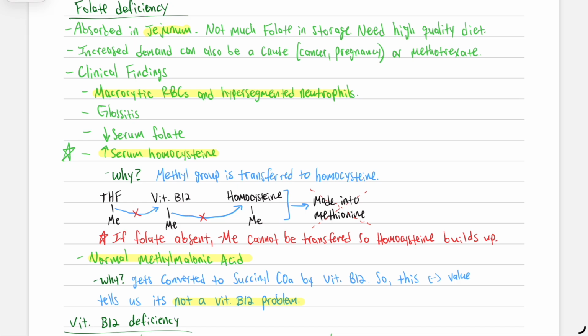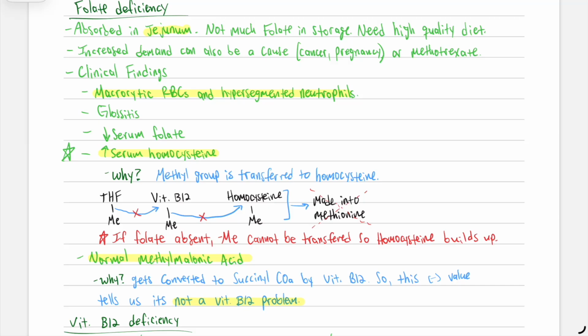And so maybe you have cancer, maybe you're pregnant, maybe you're taking a medication like methotrexate. All these things can increase demand of folate in the body. And it's actually pretty common for women who are pregnant to have a folate deficiency. And their doctors will actually put them on supplementation for that.